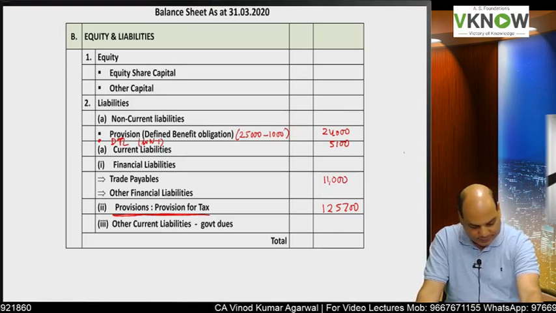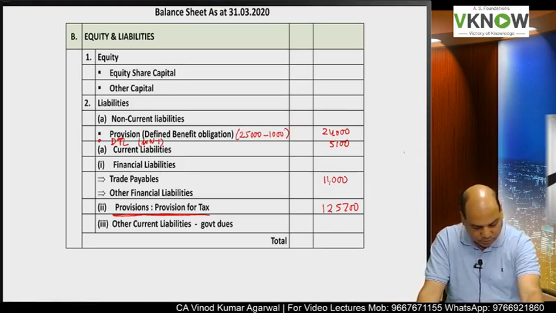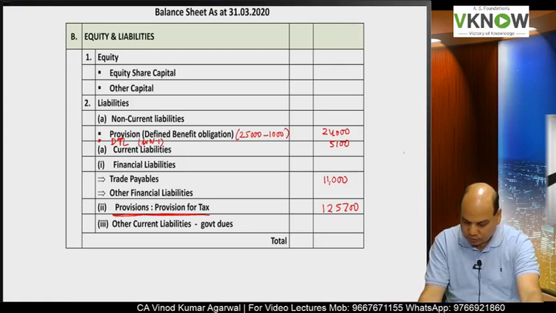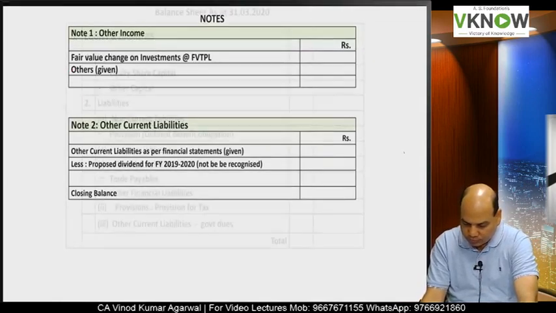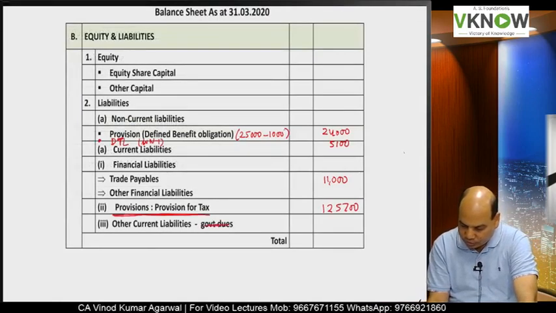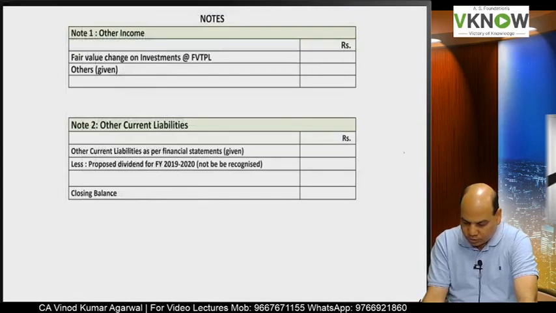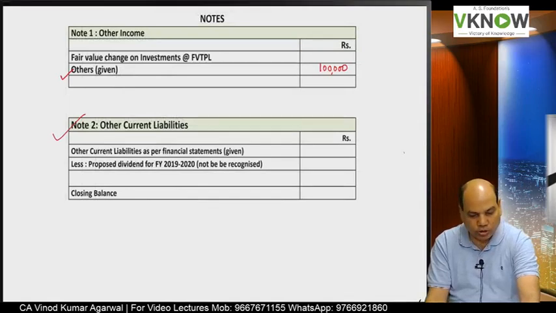Then next is other current liabilities 45, but there is an adjustment. Do we have a note on that? Yes. So other current liability, you write here note number 2. This is your note number 2 in the book.